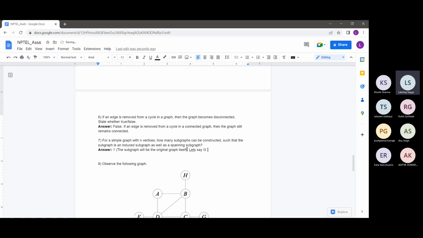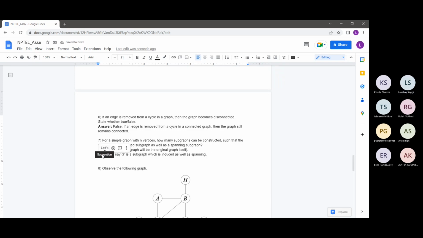Let's say G prime is a subgraph which is induced as well as spanning. Let's define some notation for writing out the solution. Let's assume graph G is the original graph.